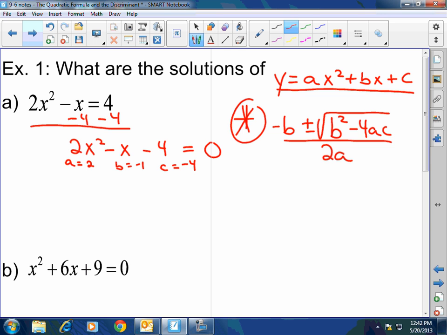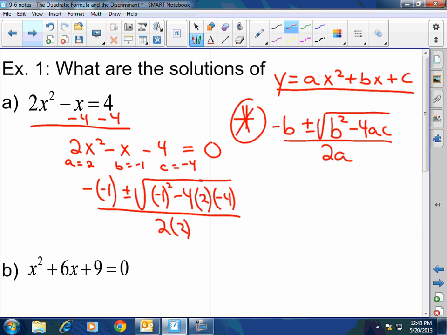So I'm going to have negative b, so a negative times a negative, I'll do it nice and slow this first time, plus or minus the square root of b squared minus 4 times a times c, all of it over 2 times a, which is going to give me 1 plus or minus the square root of 1 plus 32, because negative 4 times 2 is negative 8. Negative 8 times negative 4 is 32, so 1 plus 32 is 33, over 2 times 2, which is 4.